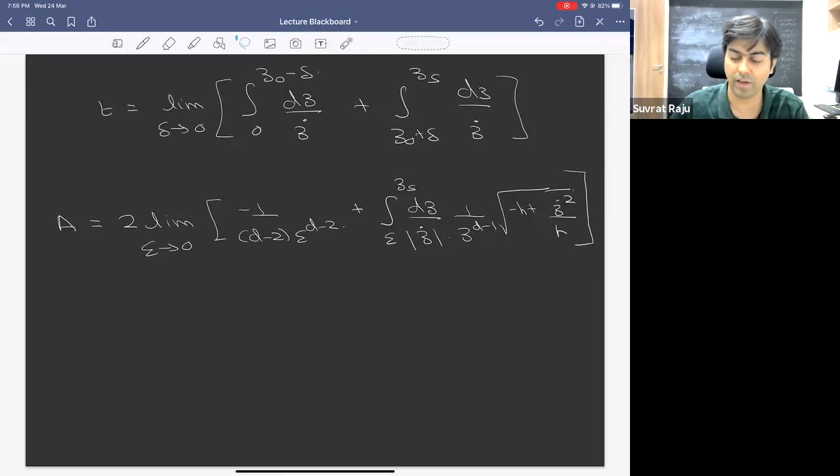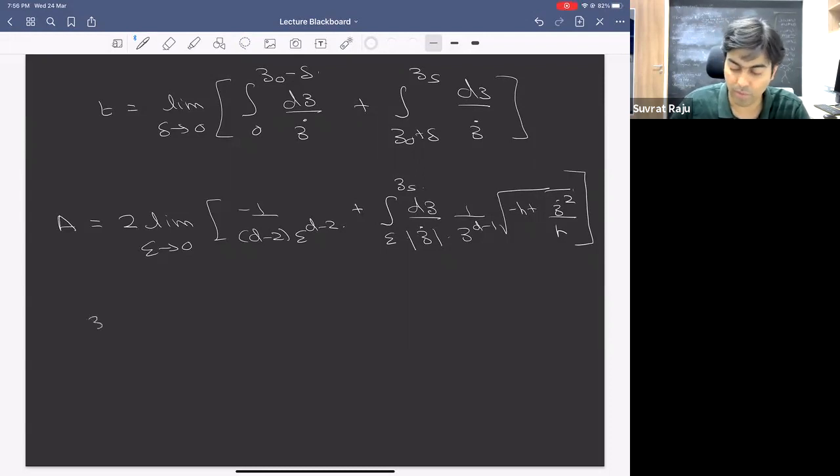If you look at this, look at the expression for the area. Okay? When you look at the expression for the area, you will see that there are various places where you might expect a divergence to come from. Okay? And the place you might expect a divergence to come from is when z dot vanishes.